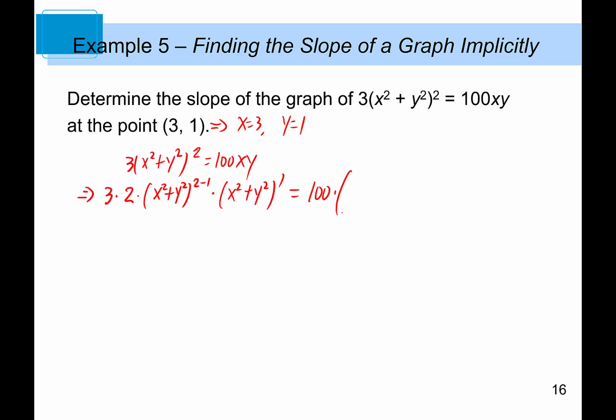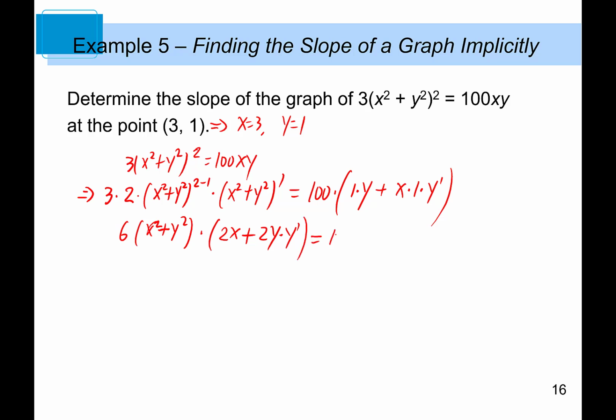The derivative of x is 1 times y plus x times the derivative of y is 1, but you have to multiply by y prime any time you differentiate y. Okay, left hand side 6 times (x squared plus y squared) times the derivative of x squared is 2x, the derivative of y squared is 2y times y prime. So the right hand side is 100 times (y plus x y prime).